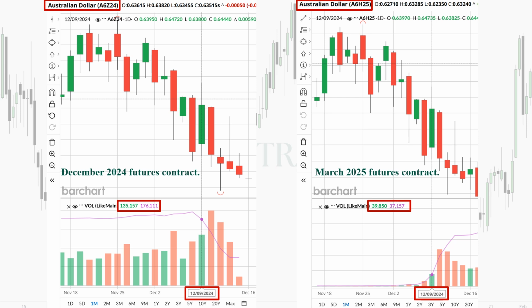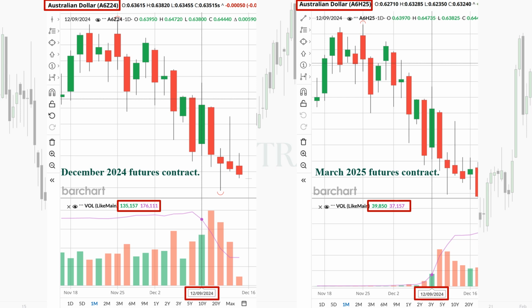When I'm backtesting the futures markets, I use barchart.com to check the volume indicator for a specific day that I want to analyze. I compare 2 or 3 consecutive futures contracts to see which has the highest volume and open interest. For this example, we'll examine a trade that happened on 9th of December. That is why I'd look at the December and March futures contracts to decide which one I'd sell short.